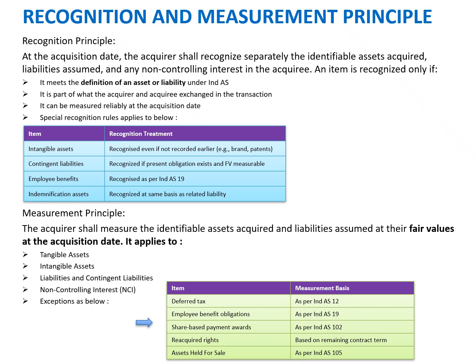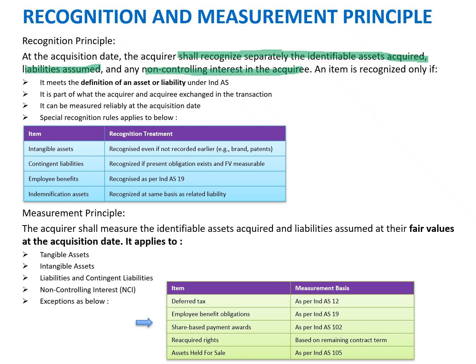Okay, now in any standard, the most important principles that we need to understand are the recognition and the measurement principle. So we'll quickly talk about the concept of recognition and measurement with respect to Ind AS 103. The recognition principle is that at the acquisition date, the acquirer shall recognize separately the identifiable assets acquired, liabilities assumed, and any non-controlling interest of the acquiree.